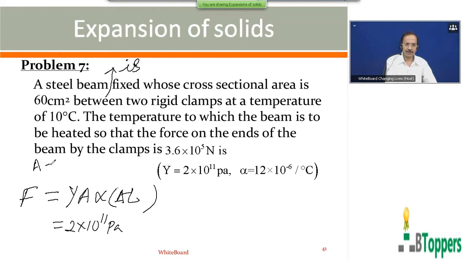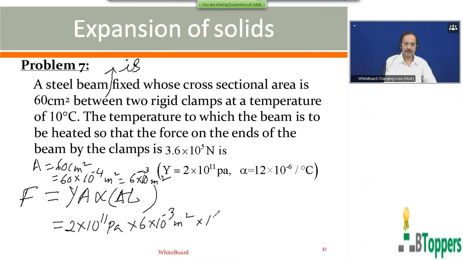Area of cross section of the rod is given as 60 square centimeter. We'll express all units in the SI system. 1 square centimeter can be written as 10 power minus 4 square meter. So the cross sectional area of the rod is 60 into 10 power minus 4 square meter, which you can write as 6 into 10 power minus 3 square meter. Alpha is given as 12 into 10 power minus 6 per degree centigrade.